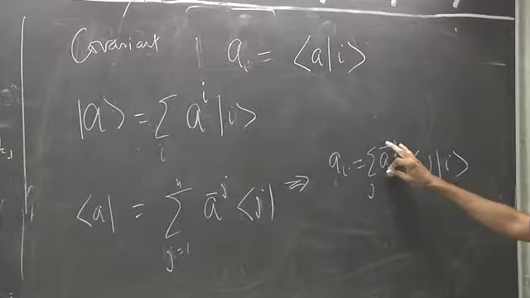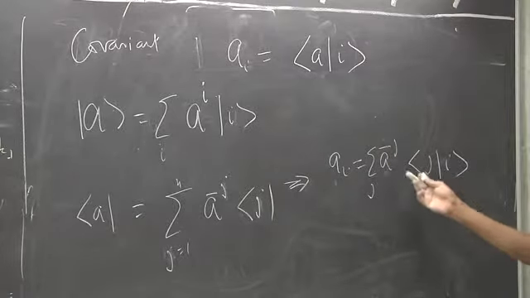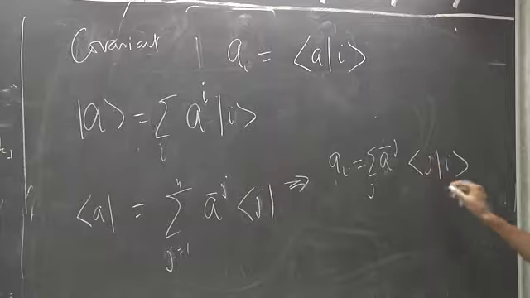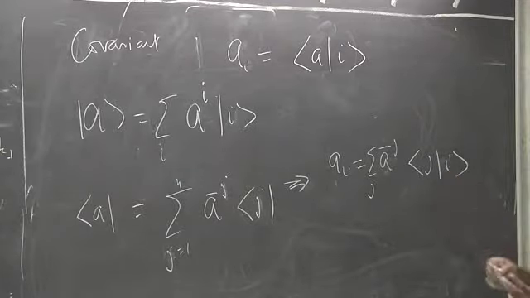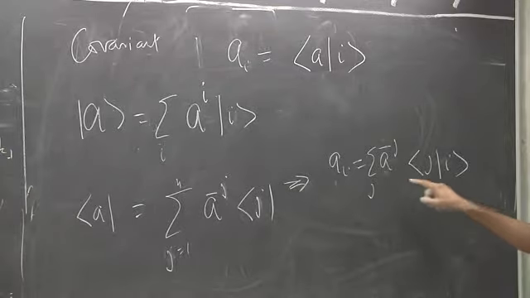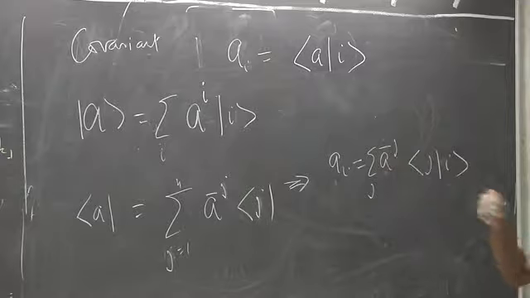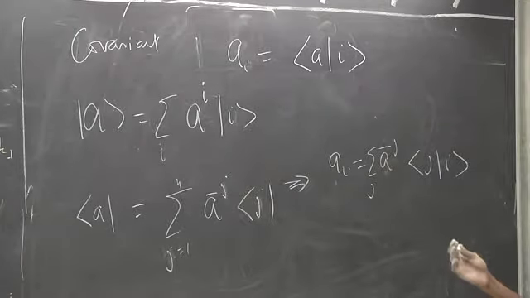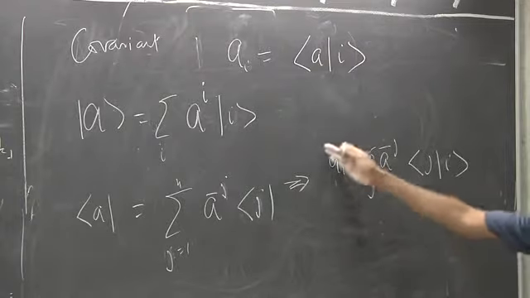These are linear equations. How many are there? i is the free index here, and i goes from 1 to n, so there are n linear equations. The number of unknowns is also n. So you have n linear equations for n unknown quantities, and it's an inhomogeneous equation because this side is not 0.